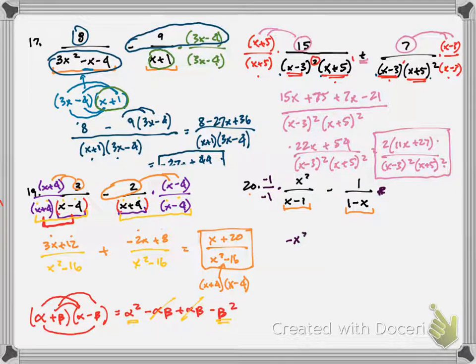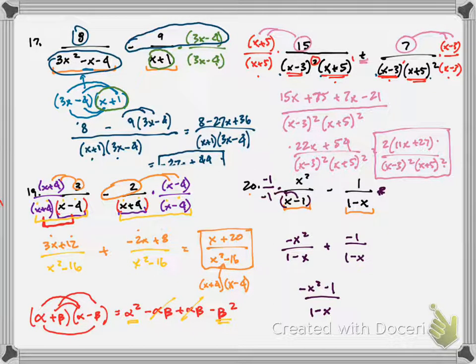So I've got negative x squared over, when I distribute my negative 1, I get minus x plus 1, which is the same as plus 1 minus x. And then it's minus, or the same as a plus negative 1 over 1 minus x. They're the same. Combining the numerators, negative x squared minus 1 over 1 minus x.